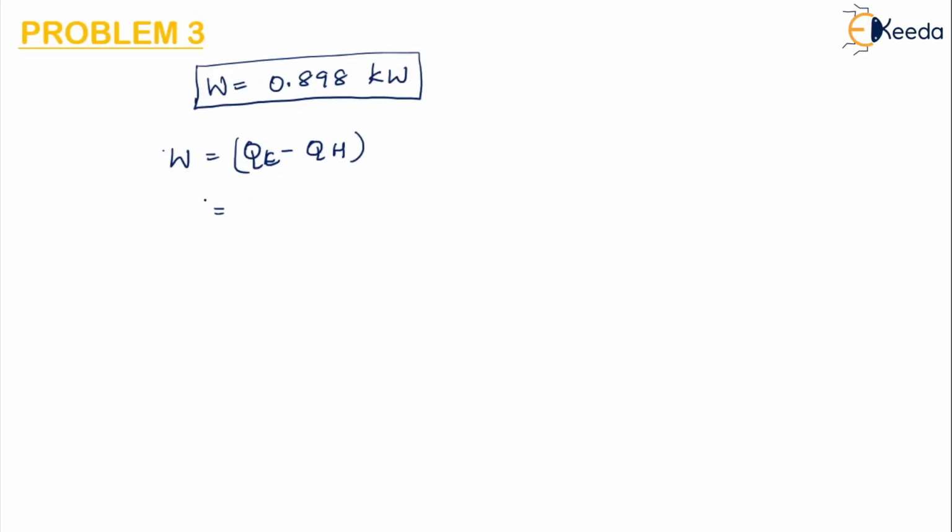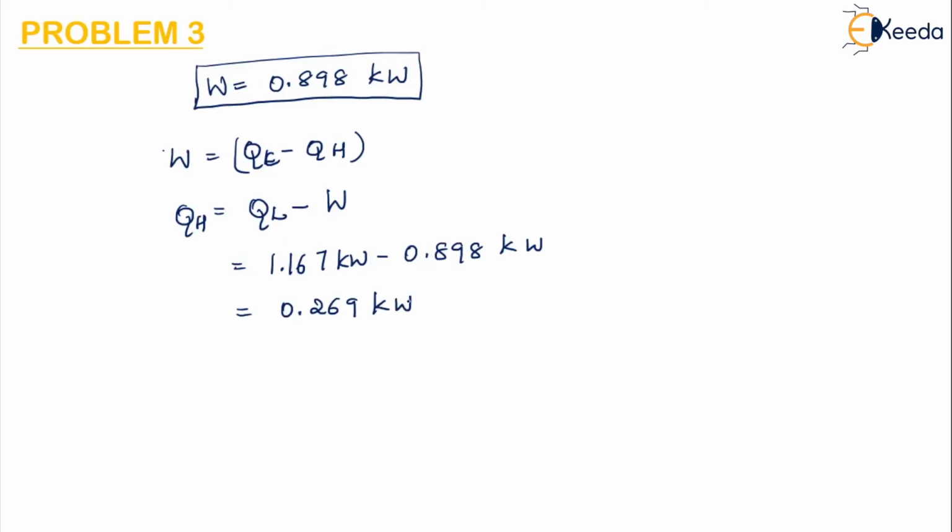We can write QH, that is the heat rejected to the kitchen air, as QL plus W. So that is 1.167 kilowatt plus 0.898 kilowatt. So we get 0.269 kilowatt.